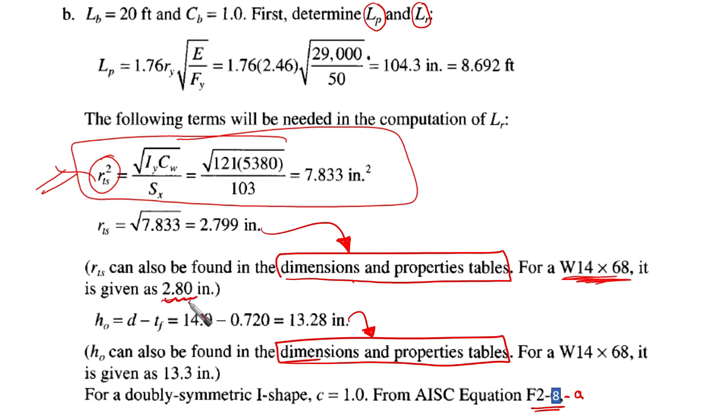Okay, that's number one. h_o is also given in the dimensions and properties table. It is given as 13.3. Please check them. Go and check. For a doubly symmetric I-shape, c equals 1, as we said before, from Equation F2-8a.